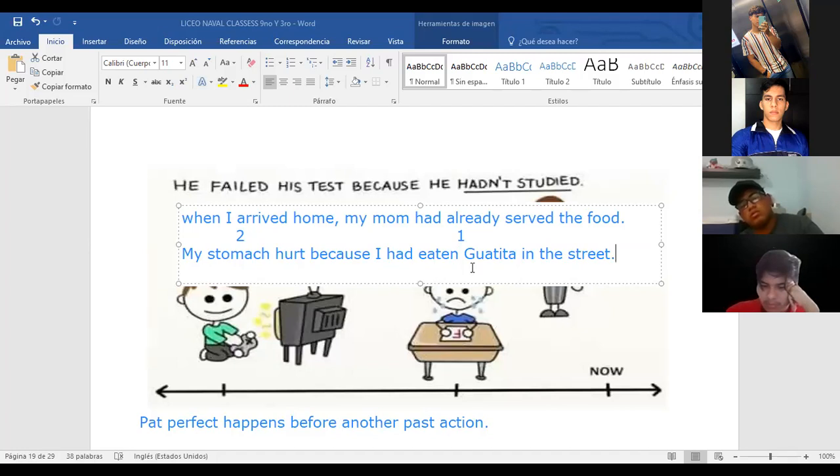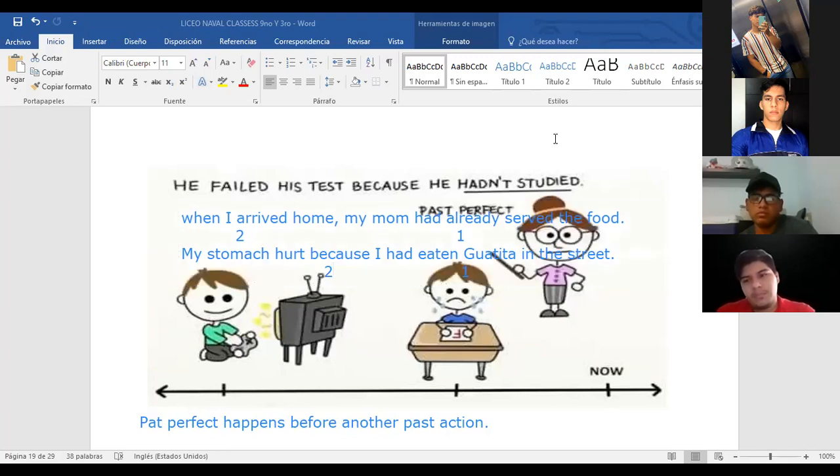So again, first you ate guatita in the street, first action, and then your stomach hurt. You see, that is a past perfect, an action that started in the past before another past action.